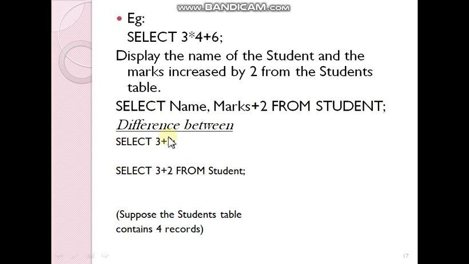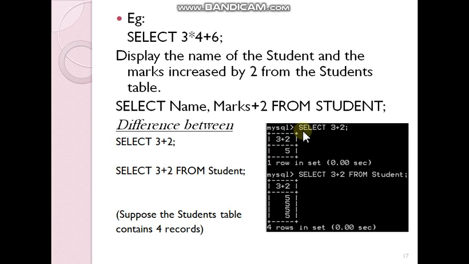Then you must know the difference between these two statements: select 3 plus 2, and select 3 plus 2 from student. If we are applying it along with the table name, then what will happen? Suppose our student table has 4 records. The first, select 3 plus 2, will show the answer 5.